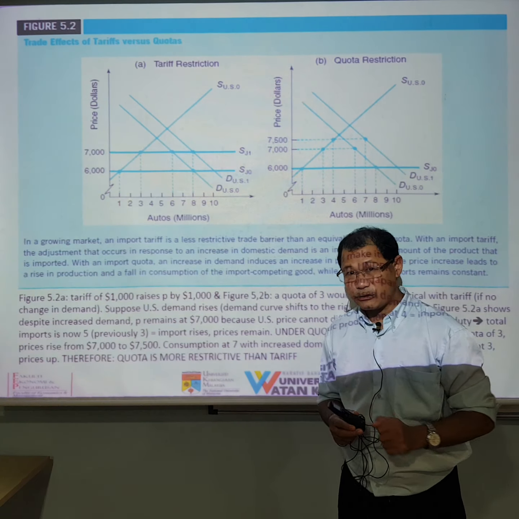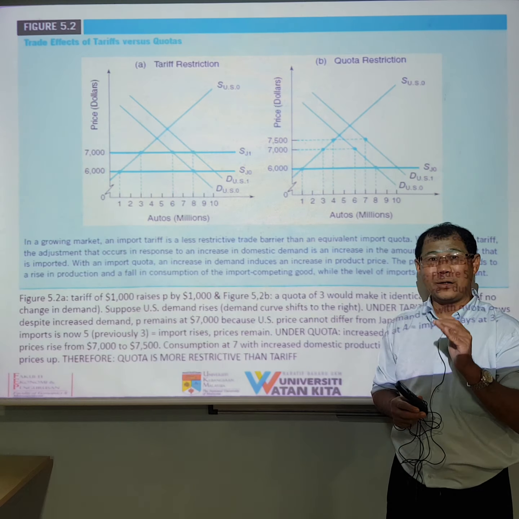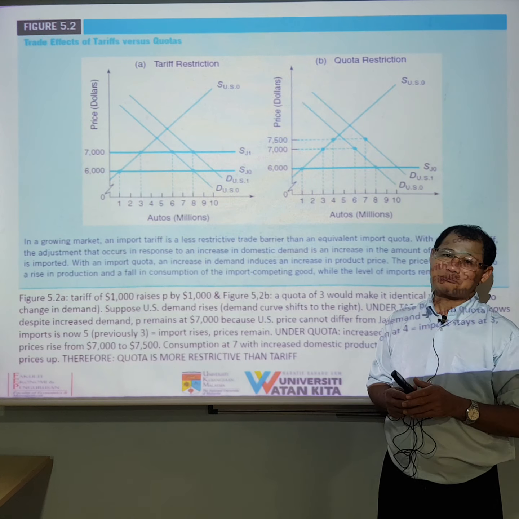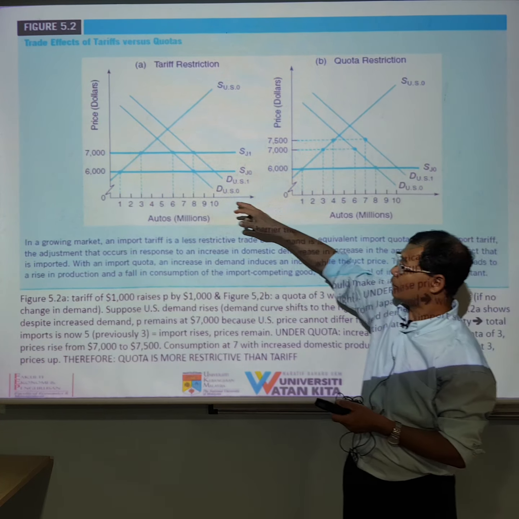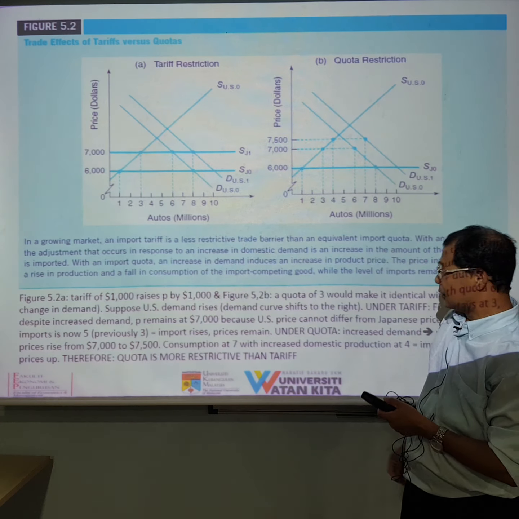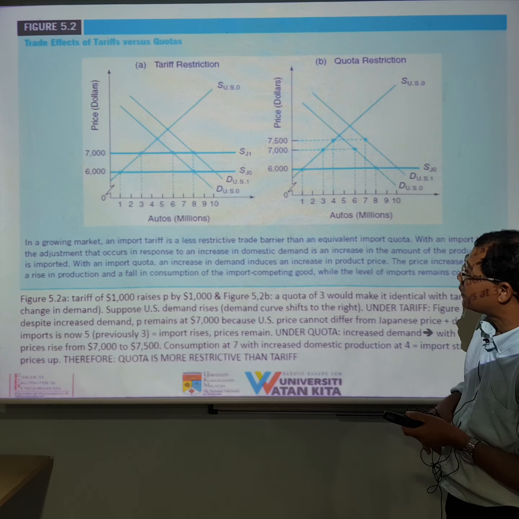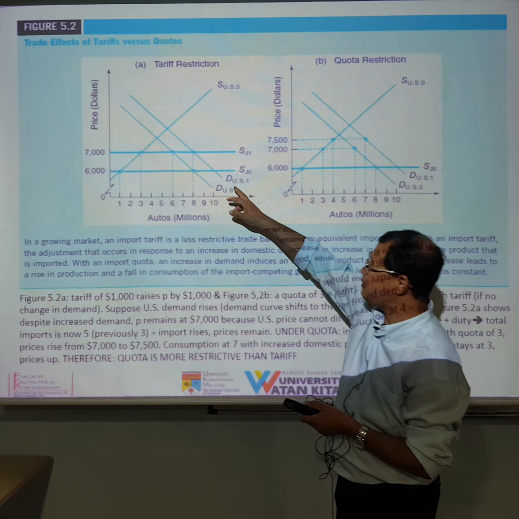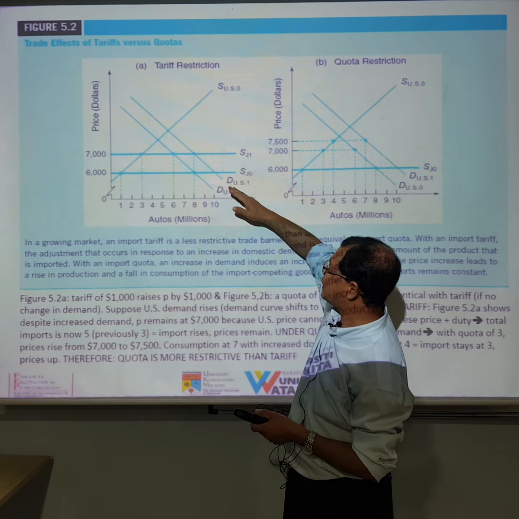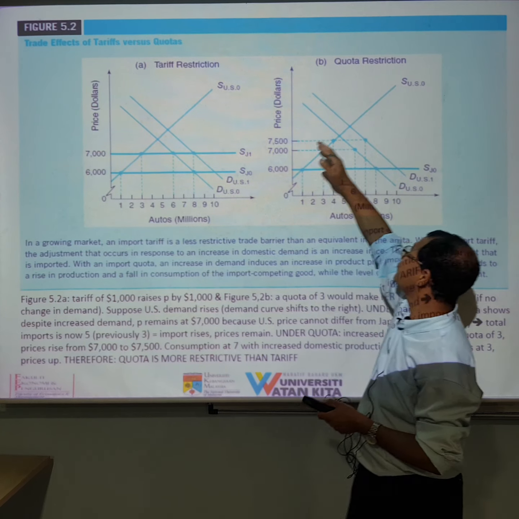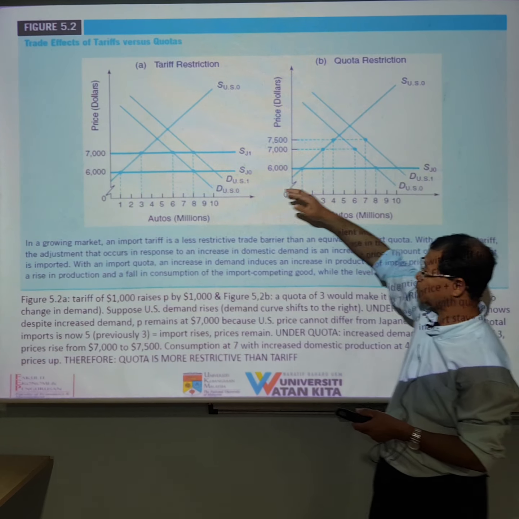But that equivalence of tariff and quota will not hold when there's an increase in demand. So let's go here. When there is an increase in demand with the tariff, the demand curve shifts to the right, and with quota it also shifts to the right.